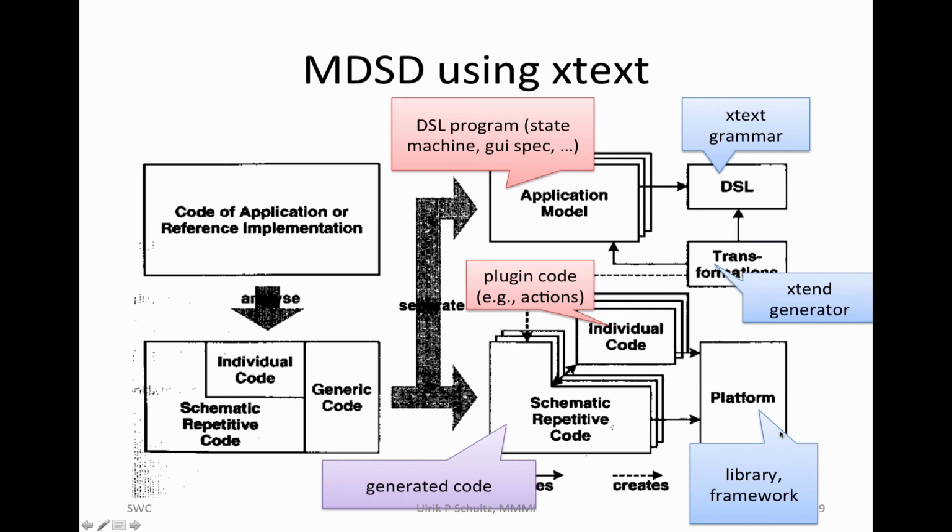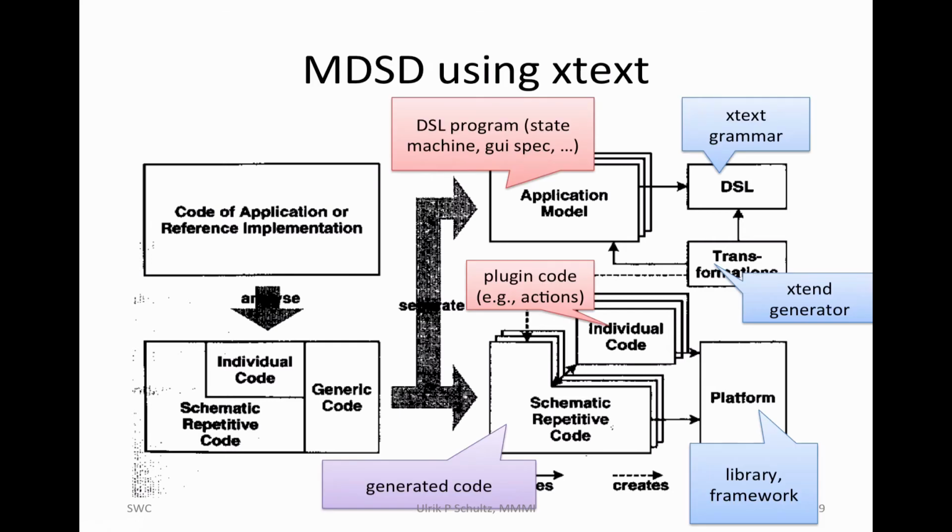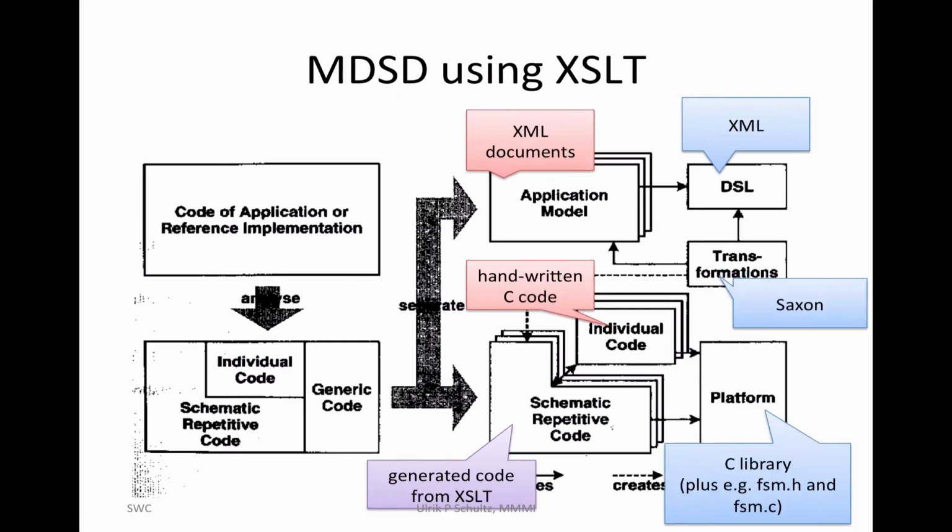Now, these annotations are just annotations. This is a very general way of thinking about software development using domain-specific languages that applies to many other things than Xtext. Xtext is just there to make it easier to see what's going on. If we were to use XSLT instead, then we use XML documents to specify the application models. XML is our domain-specific language as well.